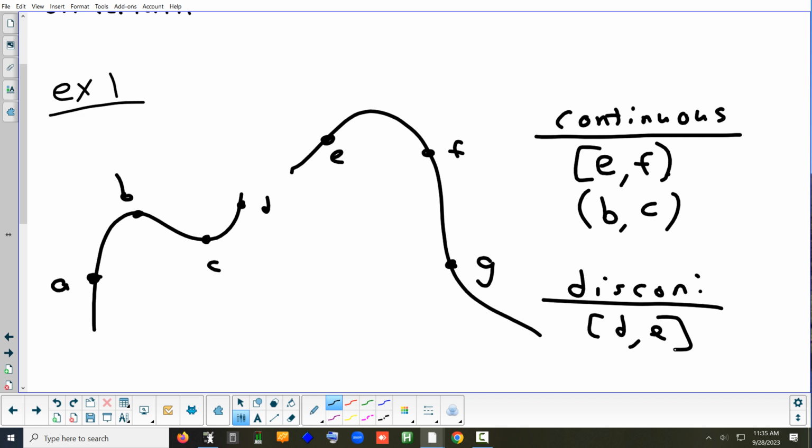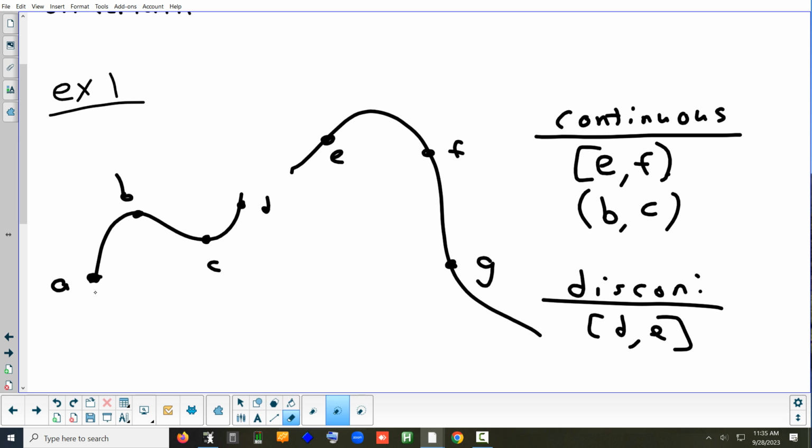What would be one more interval that's discontinuous? You could do anything like left of A, or after G. Well, just to make that clear, we don't know what happens before A, really, so we'll just say it starts at A. Maybe it's continuous before A, maybe it's not.